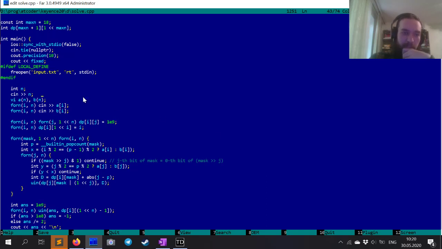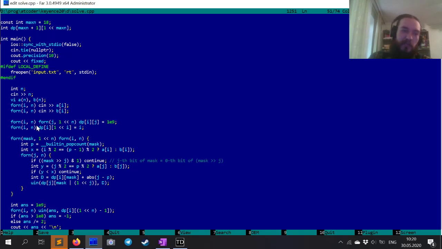So the initialization seems correct to me. If the first card is I, it has to move to position 0. This is the number of used cards, so P is the first position that we need to place, and the previous one was P minus 1.